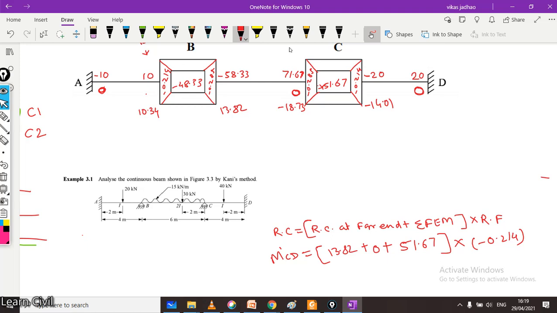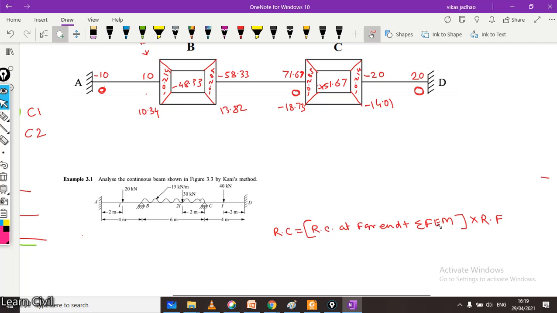For BA the formula will be the same. The rotation contribution is equal to rotation contribution at far end plus fixed end moment multiplied by rotation factor.